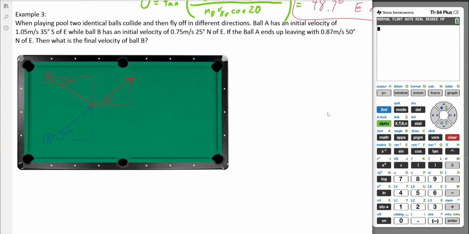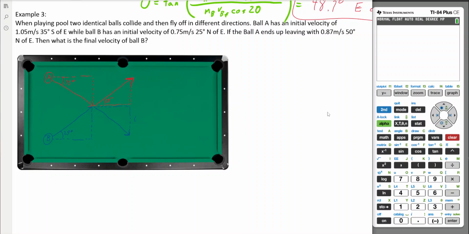Now it's going to be a little bit annoying in terms of space to draw everything, but you're going to get the right idea anyway, I hope. So this is going to be going off in this direction, and we're going to need to find the two components for ball B.